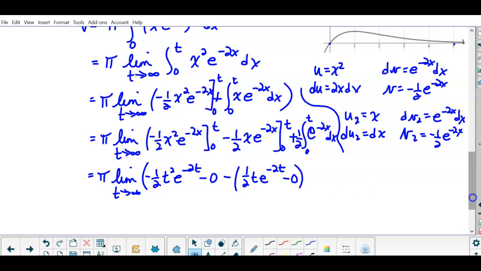The side bracket there too, right? And then what is that? So that's going to be negative 1/4 e to the negative 2t minus e to the negative 2 times 0.